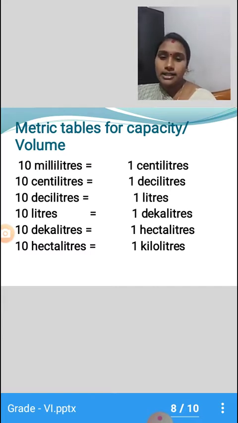And finally, 10 hectoliters is equal to 1 kiloliter.